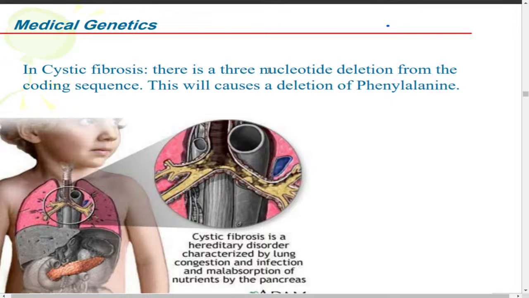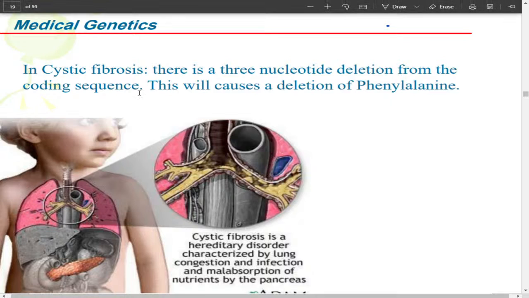When there is a 3 nucleotide deletion from the coding sequence, it will cause a deletion of phenylalanine.